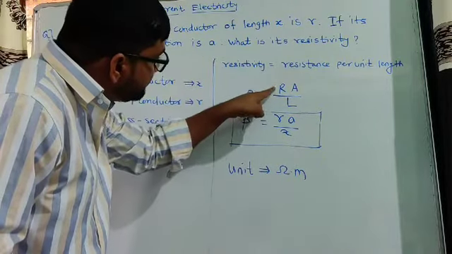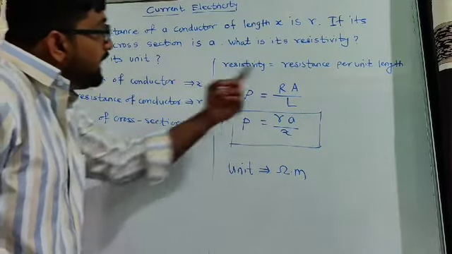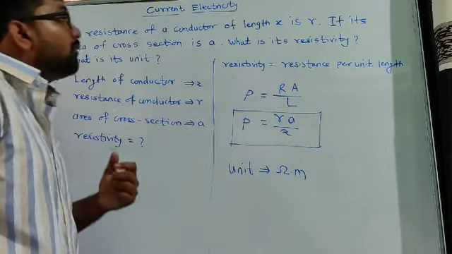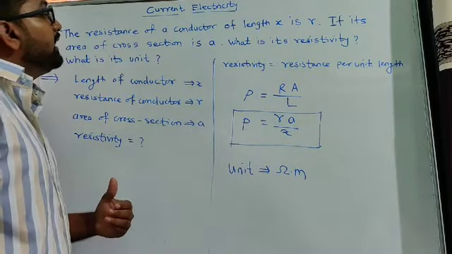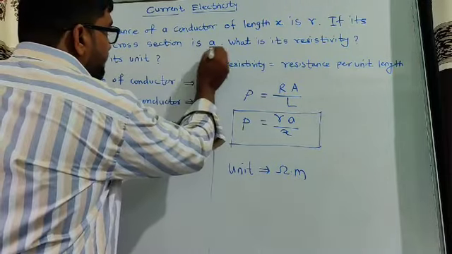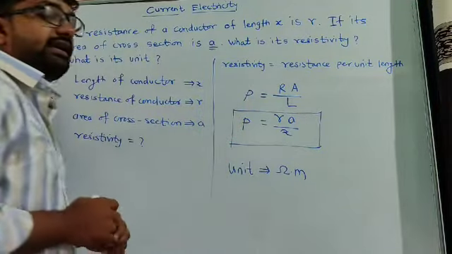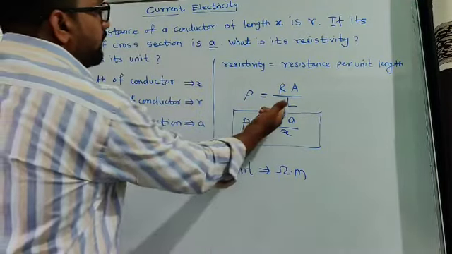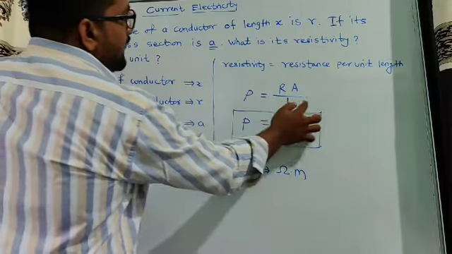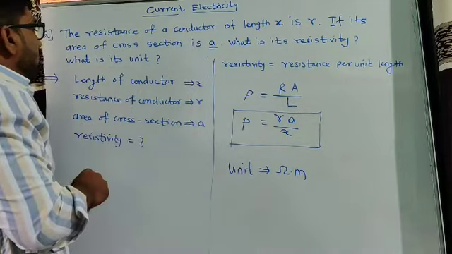Small r. So instead of capital R we have to write small r. Then area: in the formula area is capital A, but here in this problem area is given by small a. So instead of capital A we have to write small a, divided by length L. But in the formula length is given by capital L, but now here in this problem what?